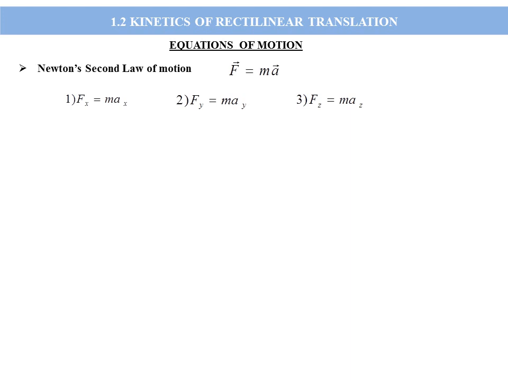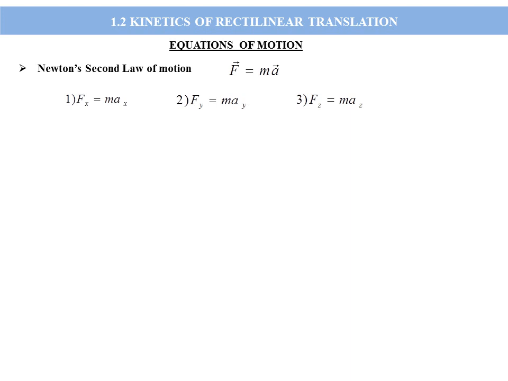Similarly, equation 2, force in y direction is equal to mass into acceleration in y direction, and equation 3, force in z direction is equal to mass into acceleration in z direction. Now you should remember: force in a particular direction, not only simply x, y, or z, is equal to mass into acceleration in that direction.